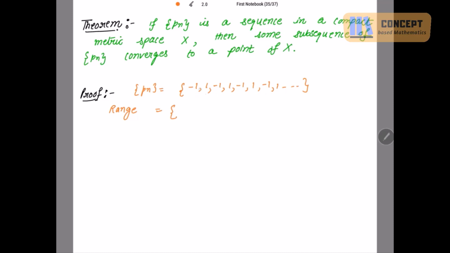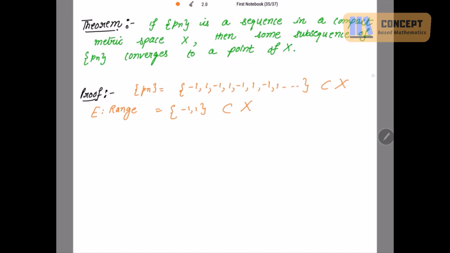So what are the distinct elements in this sequence? -1 and 1. So this will be the range for this sequence Pn, right? I will consider the range of the sequence Pn to prove this result, and I'm considering that range to be E. Now if the sequence is contained in the compact metric space X, then this range will also be contained in that compact metric space X.